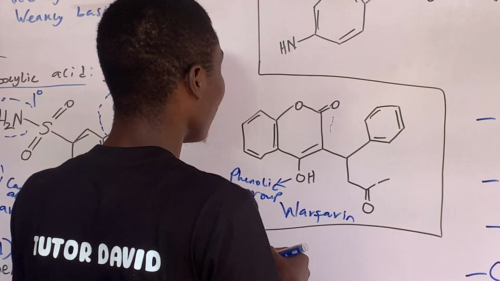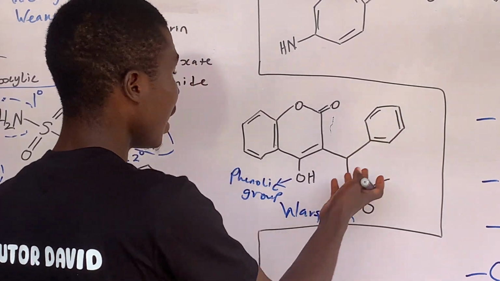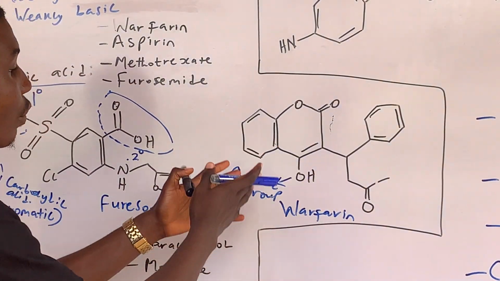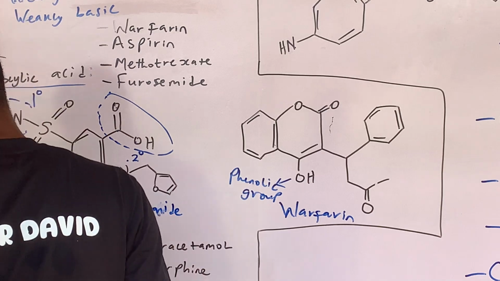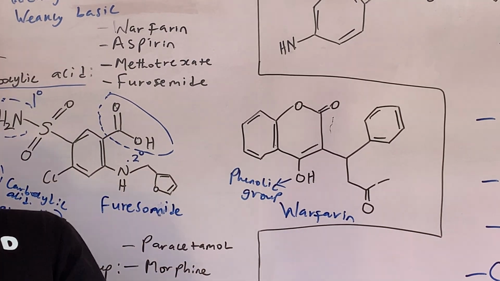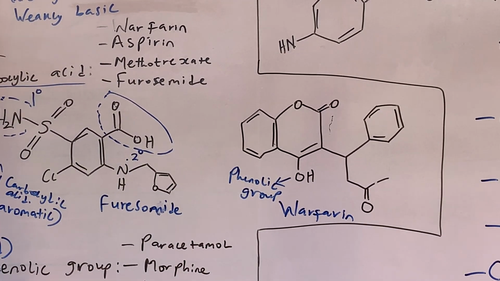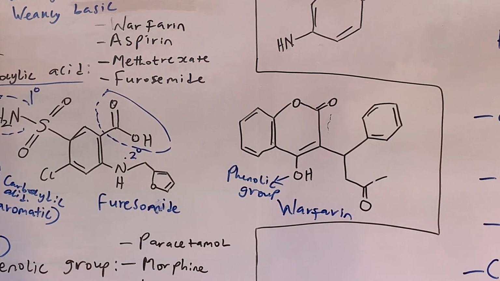Then on this aspect, you have the normal regular ring that is available there.